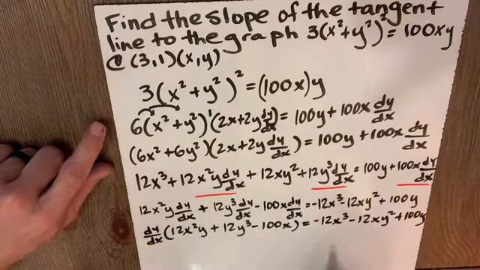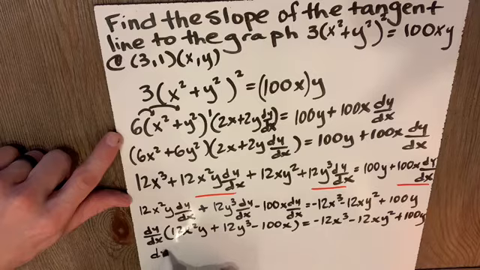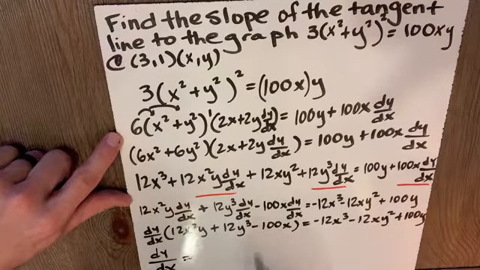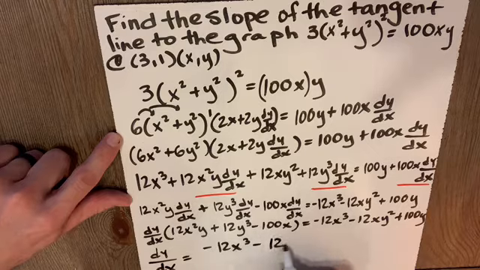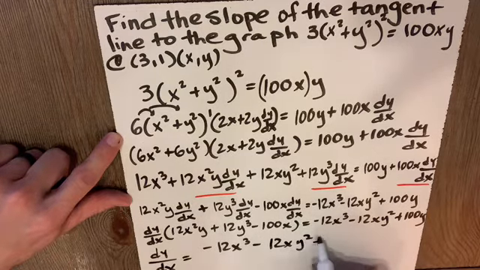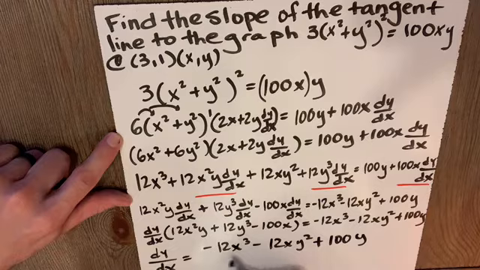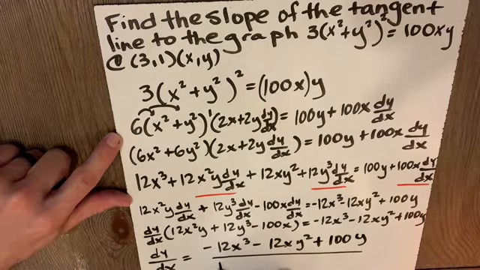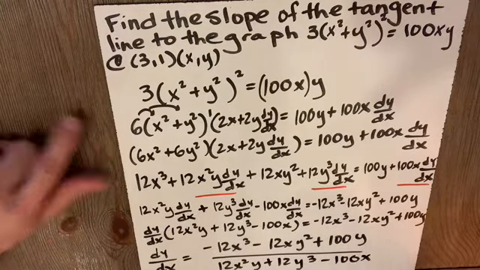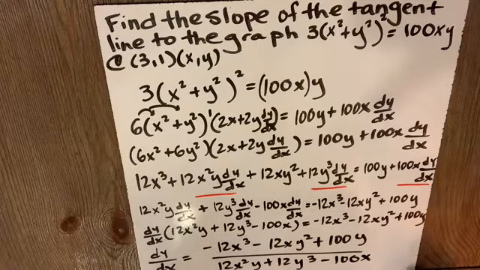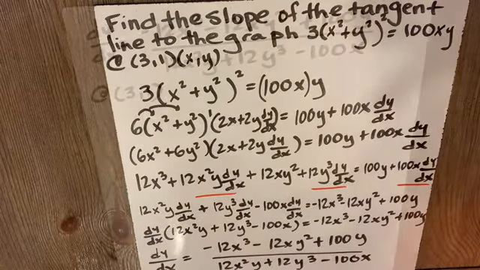Now I'm going to divide by everything that's not dy dx to get dy dx is equal to negative 12x cubed minus 12xy squared plus 100y, all over 12x squared y plus 12y cubed minus 100x. Wow, what work we did just to isolate dy dx.